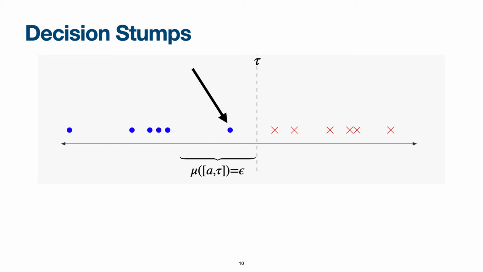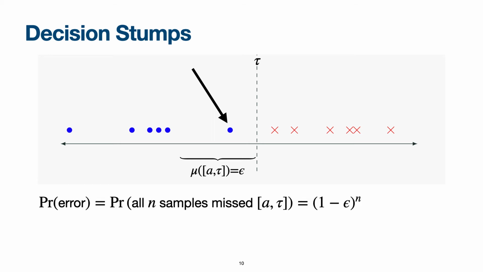Now, the question is, what is the probability that we're going to have a classification error? Well, in this algorithm, we pick the rightmost blue point. So if we had a point that actually fell in that region, then we would have to actually choose that point and the region would actually be smaller.